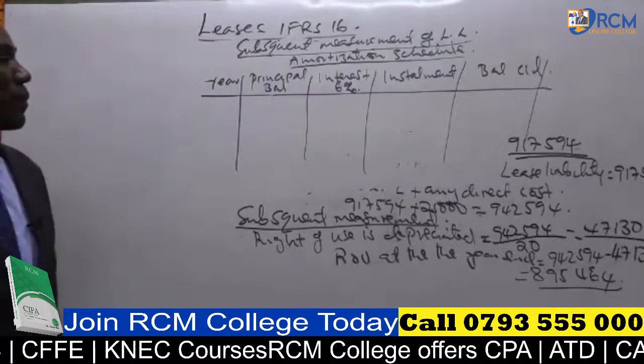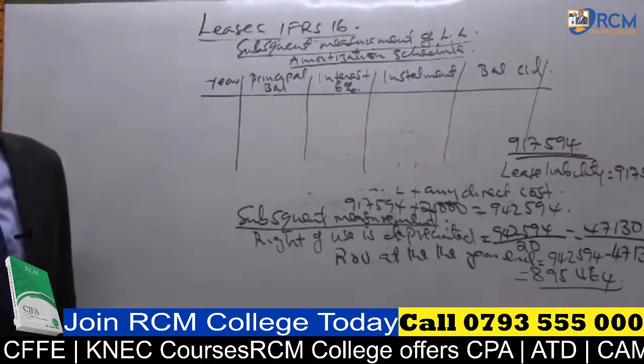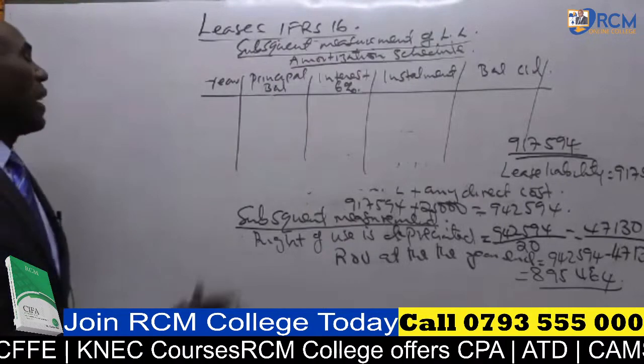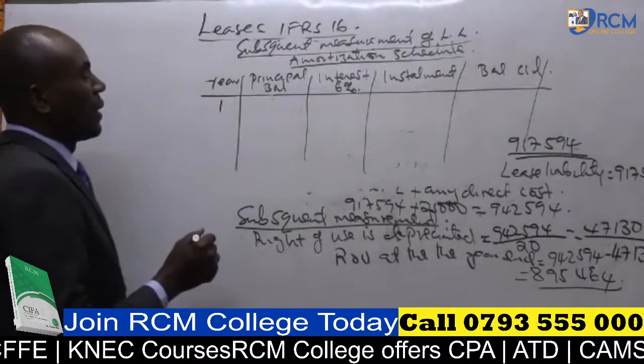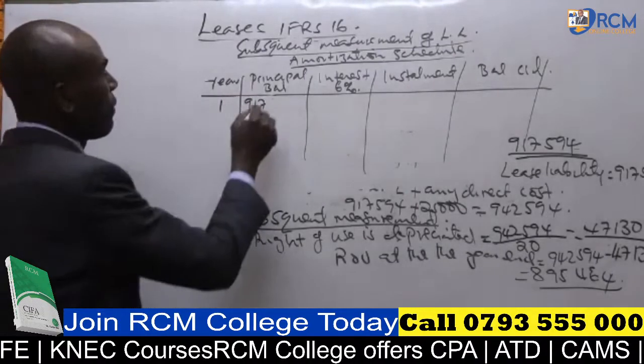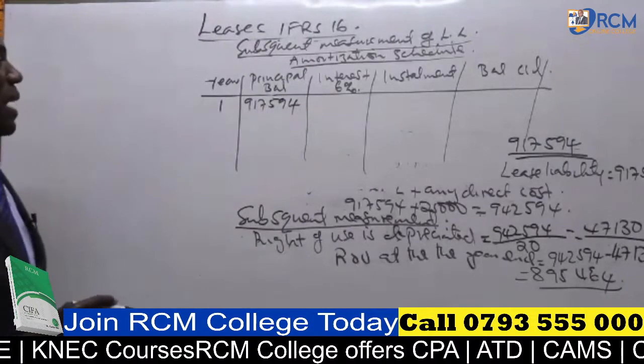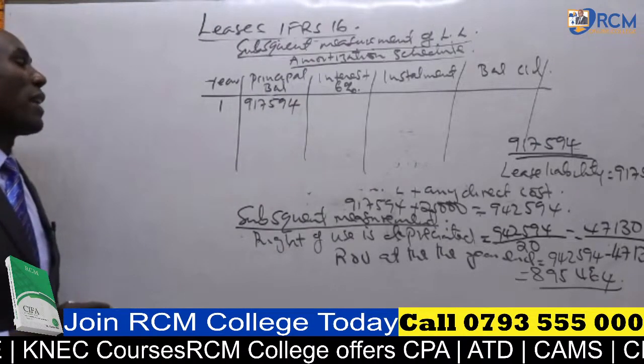Amortization. Therefore, year one, our principal balance is 917,594.